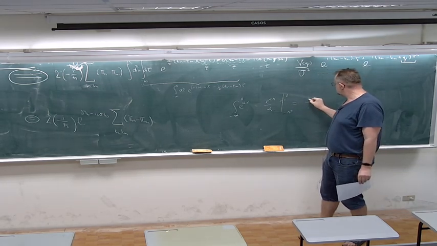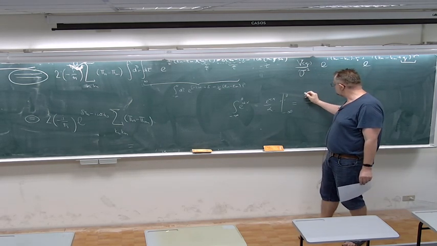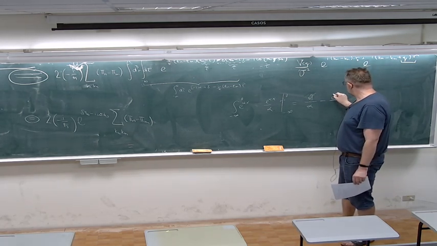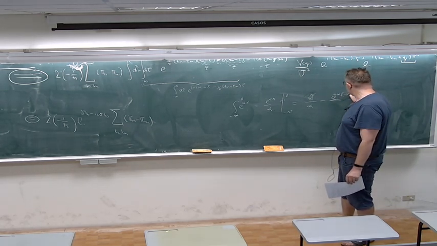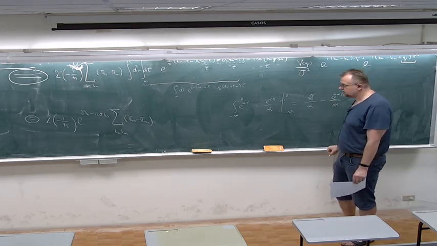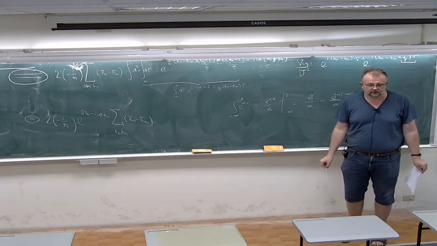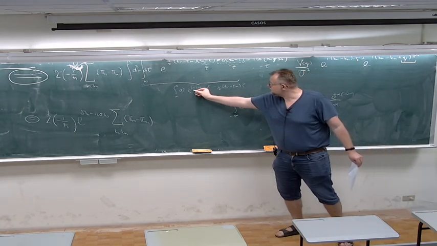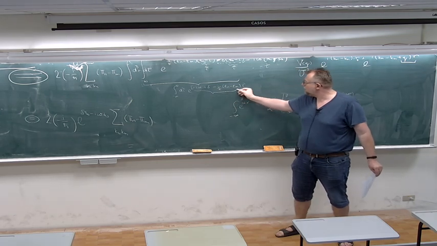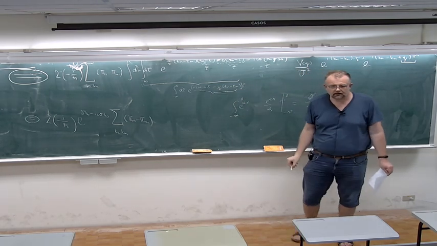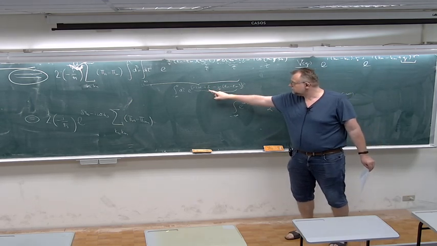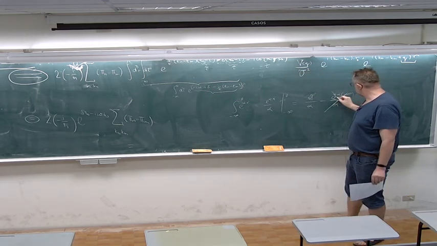It means e to the alpha times 0, which is 1, divided by alpha, minus e to the alpha at minus infinity divided by alpha, right? You see it? So alpha is this thing. Thanks to this convergence factor, this thing is 0.